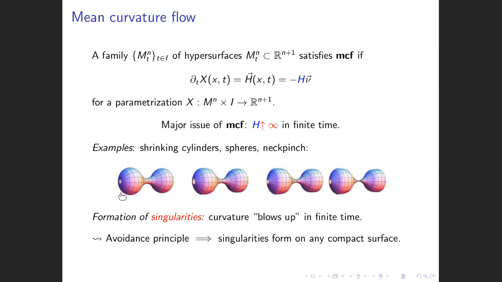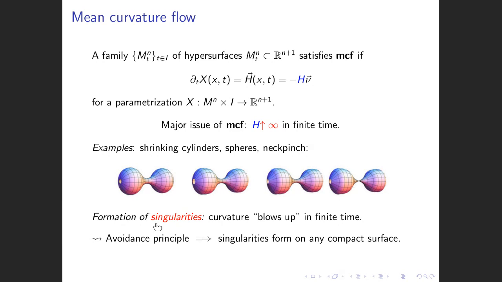A more interesting example is that of the neck pinch, which is depicted here. So if you start with something dumbbell shaped with a tiny neck and big spheres on the side, then under mean curvature flow, the neck is going to start shrinking faster than the spheres do, and eventually this neck is going to pinch off, creating a singularity.